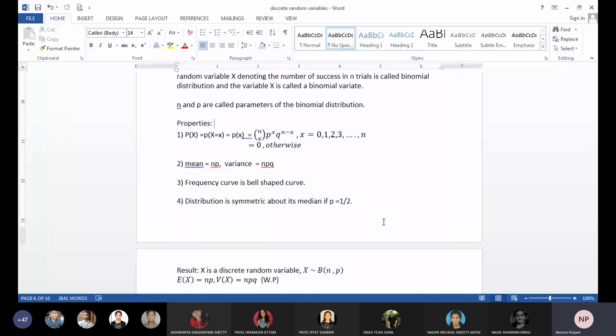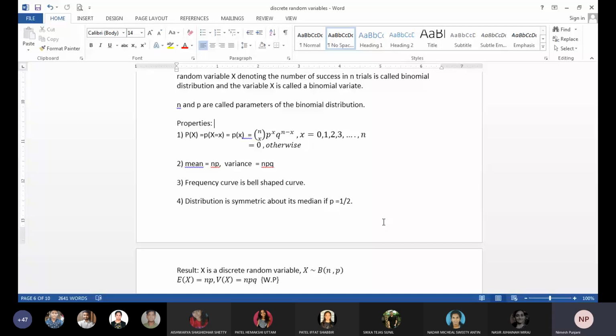These are the four properties which you have to remember. First and second are the most important, because first is your formula, second is also your formula, which will be used for solving many of the examples. Mean is given as NP, variance is given as NPQ.